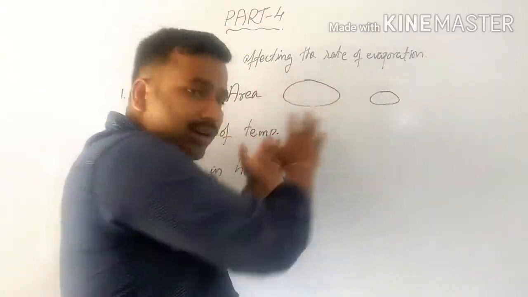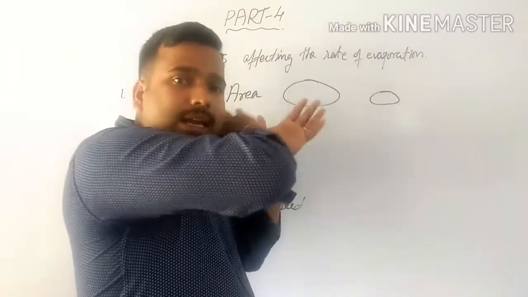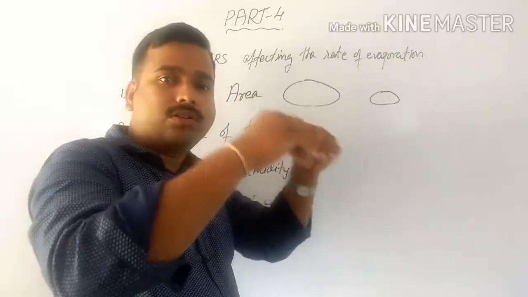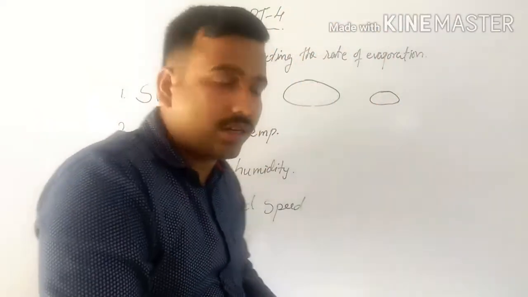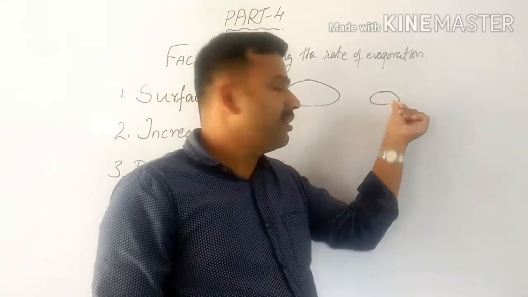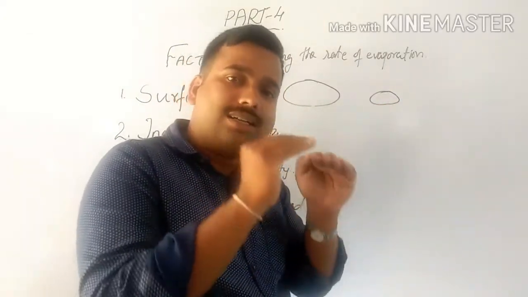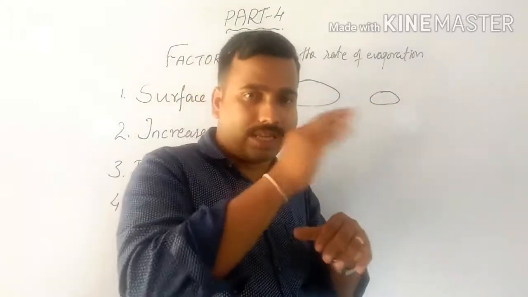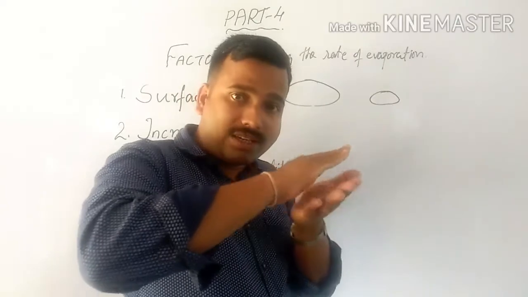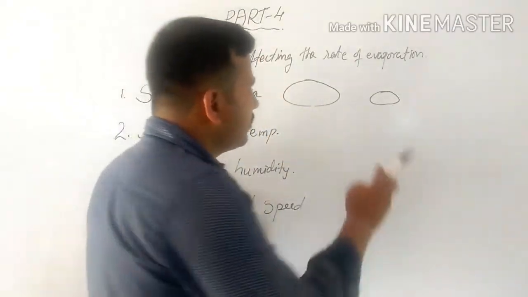See what happens as you increase the surface area. The particles of water get a large surface area to evaporate from the surface into the gaseous state. But in the other bowl, the particles of water get very little space or surface area. So evaporation is a surface phenomenon. We need to understand that evaporation is a surface phenomenon.